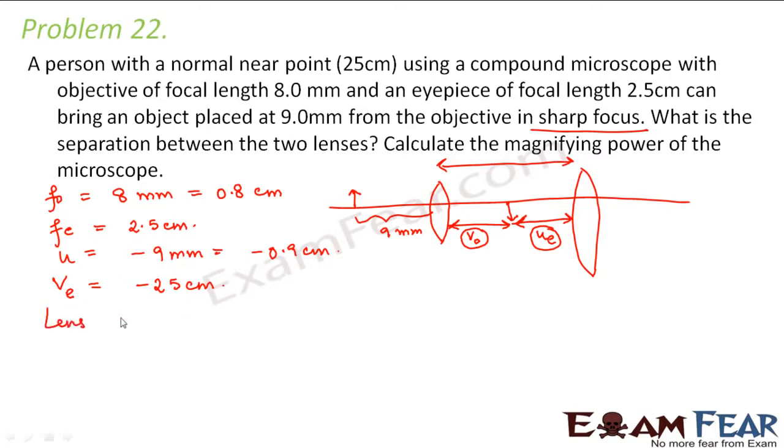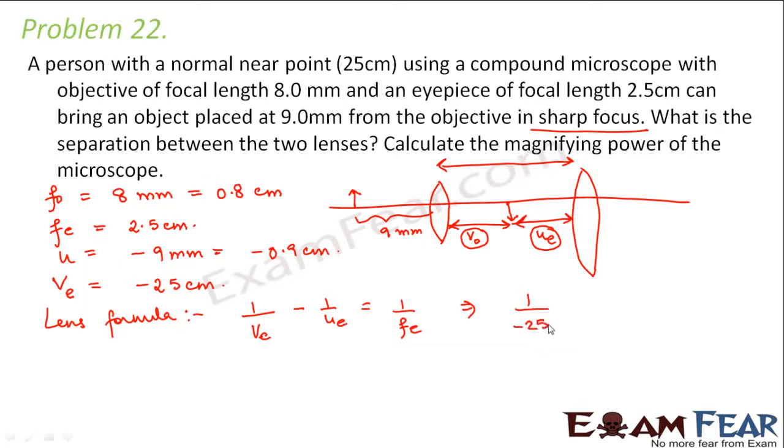So let us use the thin lens formula for the eyepiece, that is 1 by VE minus 1 by UE is equal to 1 by FE. So we can write it 1 by minus 25 minus 1 by UE is equal to 1 by 2.5. So from this we find UE is equal to minus 2.27 centimeters.